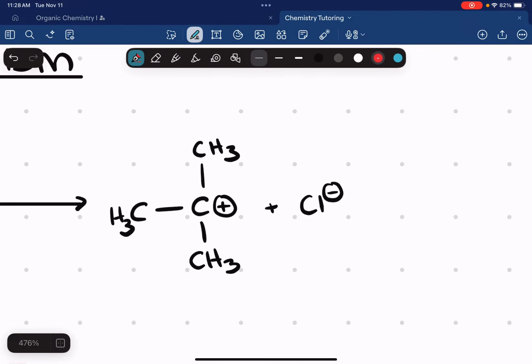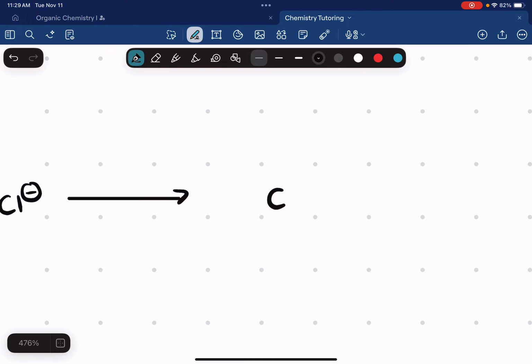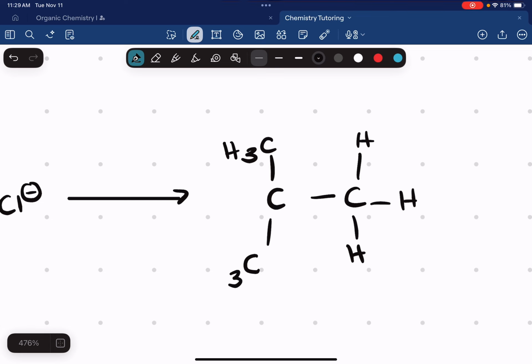Okay, well, just keep in mind that we've got 3 methyls, right? So I'm just going to restructure the way that this molecule is going to look. So we've got carbon, carbon, H, H, H, and then CH3, right? So these are all of our beta carbons.